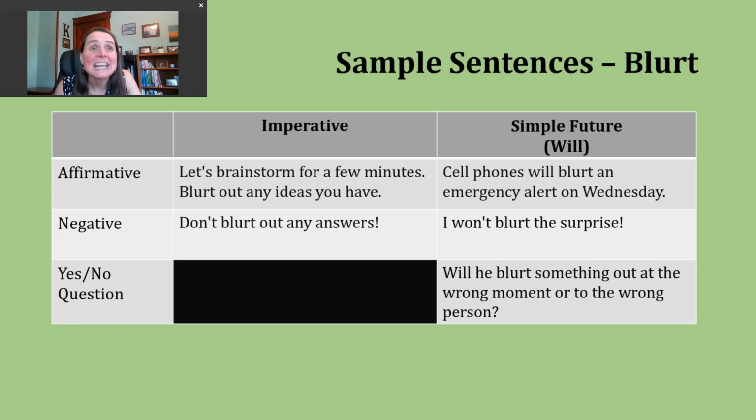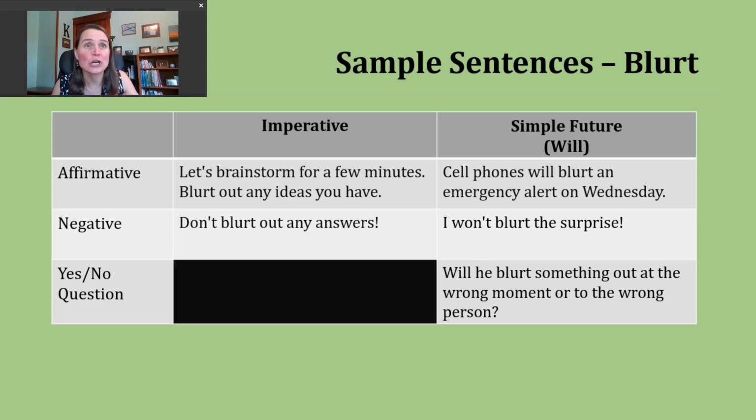So an example of this verb being used in the imperative is this. Let's brainstorm for a few minutes. Blurt out any ideas you have. So maybe someone's leading a meeting, maybe a teacher's leading some kind of exercise with her students or his students, and they're giving this command, right?